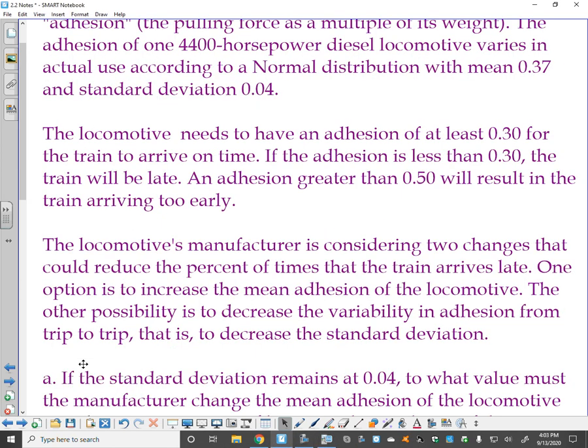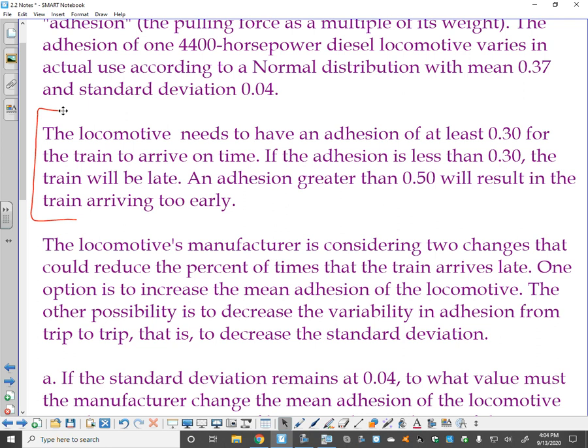Okay, so I skipped over this guy. Let's read him. It says the locomotive needs to have an adhesion of at least a 0.3 for the train to arrive on time. If it's less than a 0.3, the train will be late. An adhesion greater than a 0.5 will result in the train arriving too early. So I need to be between a 0.3 and a 0.5.